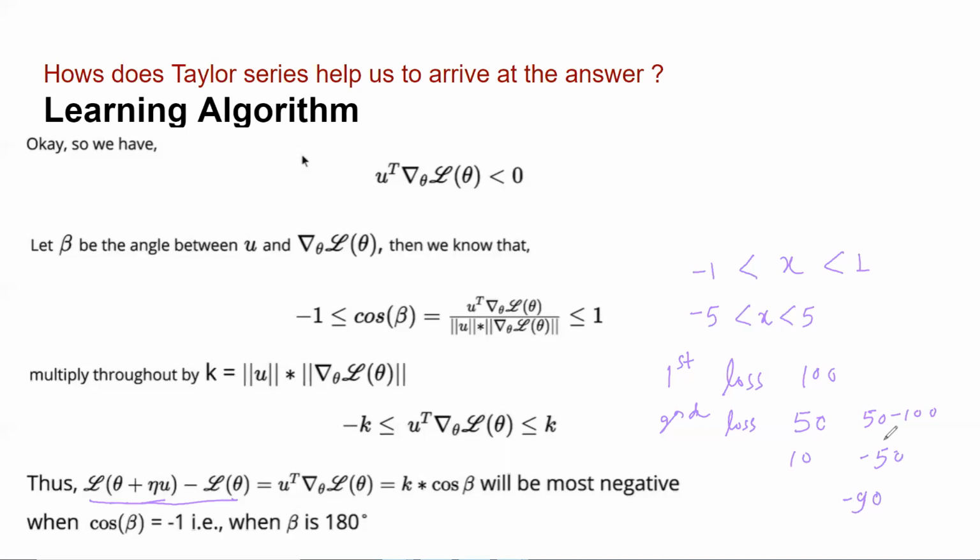And what is the minimum value this expression can take? It can take only -1, because it lies between -1 and +1. And when would it be -1?